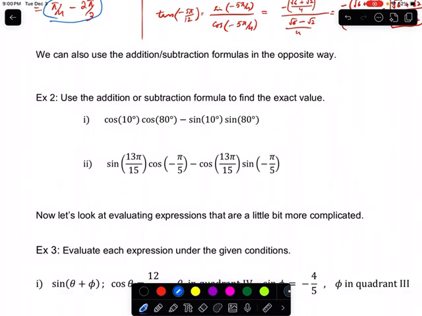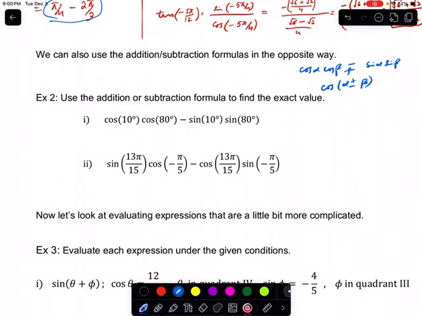If you have cosine alpha cosine beta and over here you have sine alpha sine beta, then this will become cosine of alpha plus or minus beta, depending on what sign we have. If I have cosine alpha cosine beta minus sine alpha sine beta, then it becomes cosine of alpha plus beta.